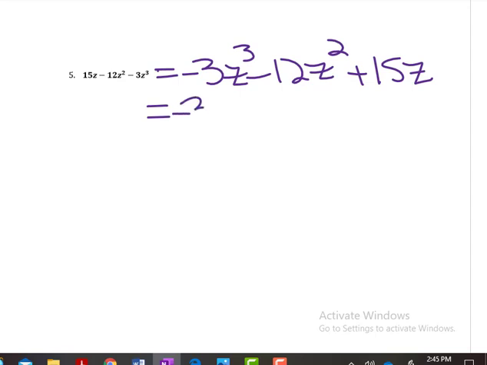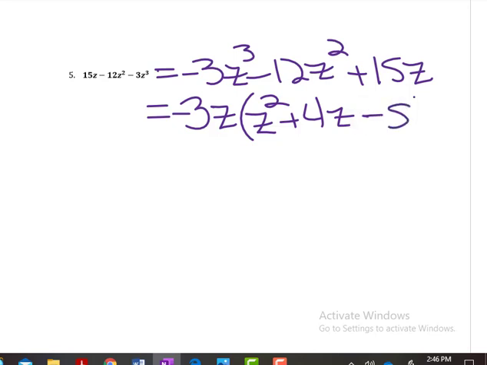So the greatest common factor will be negative 3z, and what will be left is z squared from the first term plus 4z from the second term and minus 5 from the third term. When you take out that negative, every sign inside the polynomial will have changed.